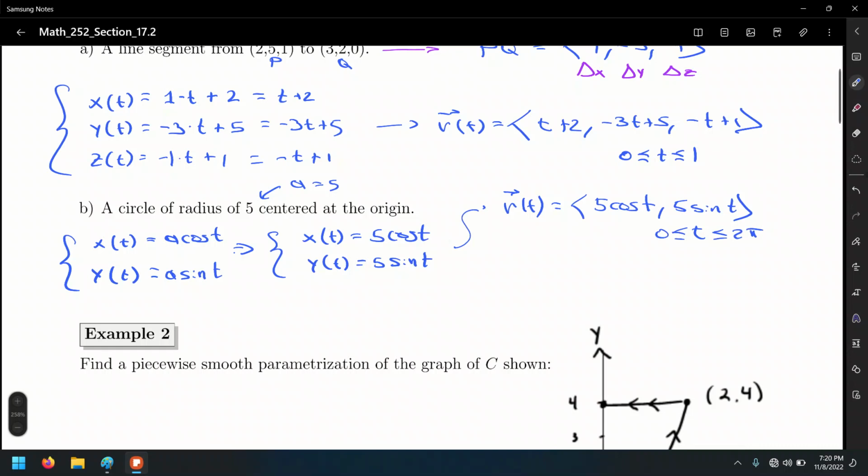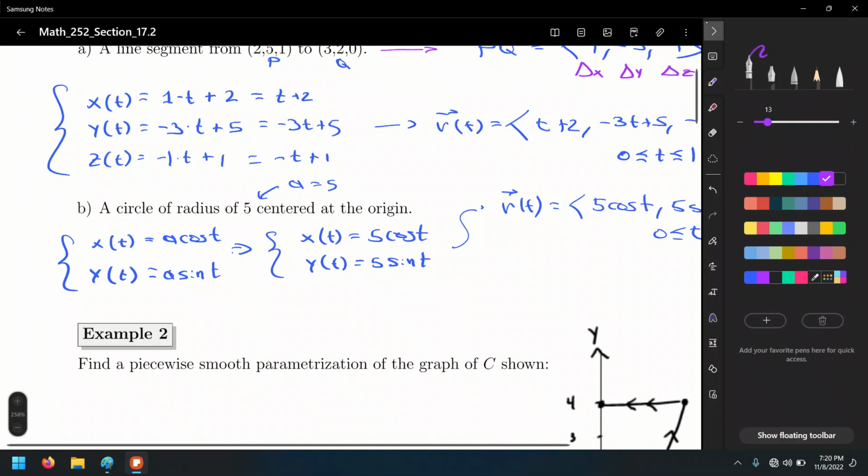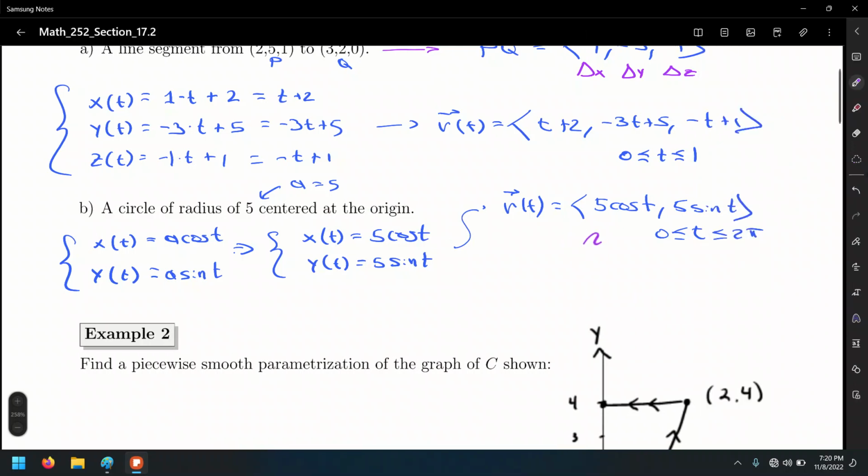But I would make a quick note over here. This is if counterclockwise direction. However, there's another way to parameterize this same circle.